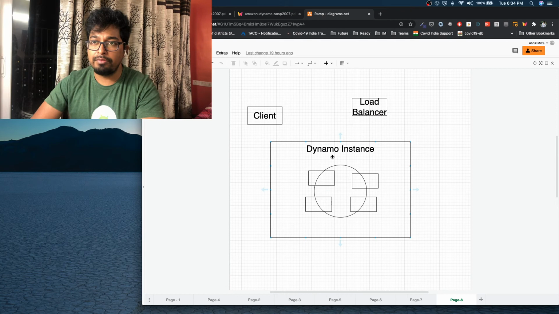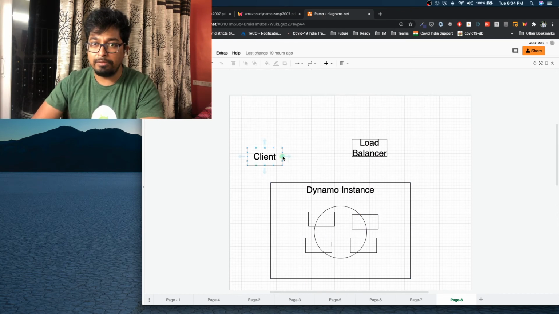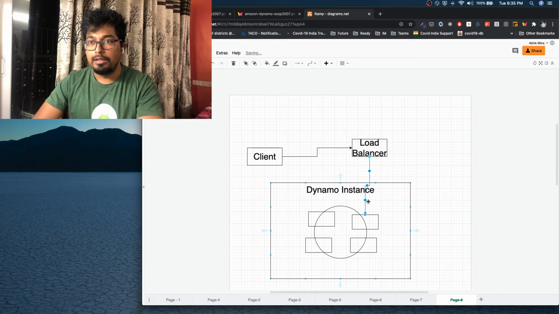Just think about, you have this Dynamo instance where one aspect could be where the client sends the request to the load balancer. The load balancer knows where this write data is present. So the load balancer talks to the actual machine. And of course, this then coordinates however it can.